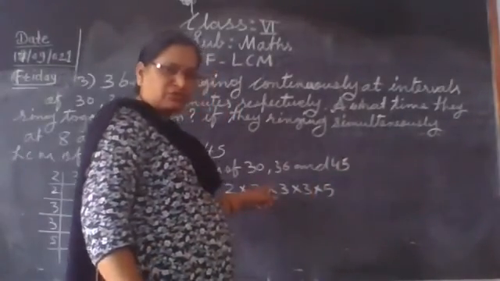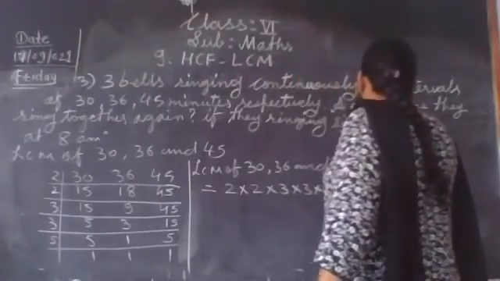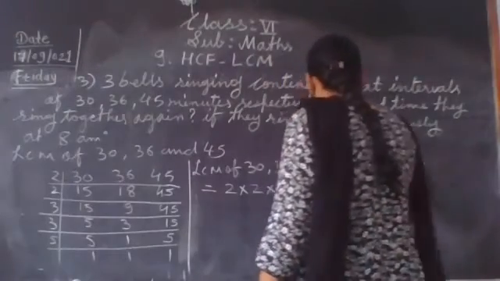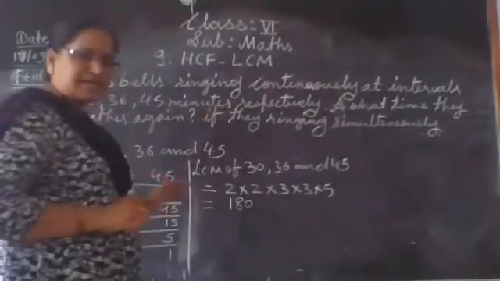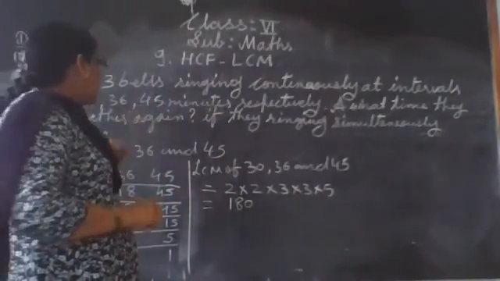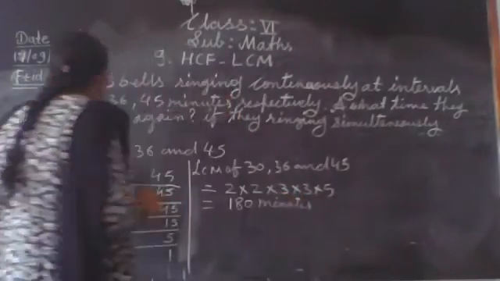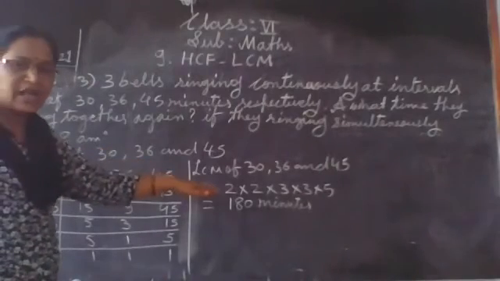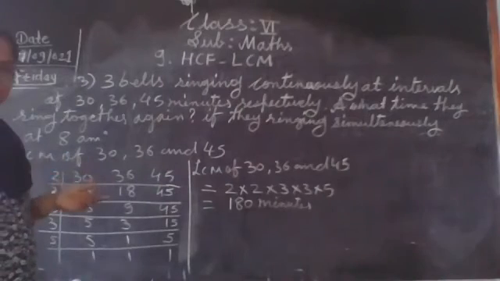So 2 twos are 4, 4 threes are 12, 12 threes are 36, 36 fives are 180. So LCM is 180. What is this 180? 180 minutes. So if they ring at 8 a.m., next they will ring again after 180 minutes.